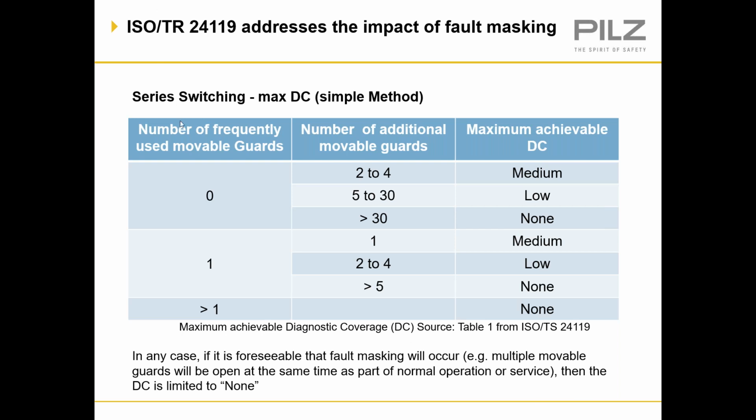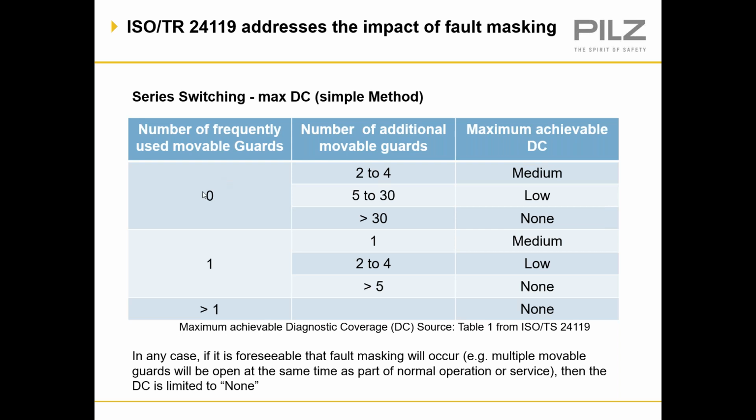And so what we have are 3 columns. Column 1 is the number of frequently used movable guards. By frequently, we mean it's opened at least every hour. We have then the number of additional movable guards and the maximum achievable DC.